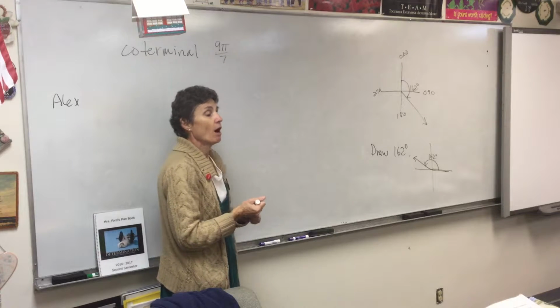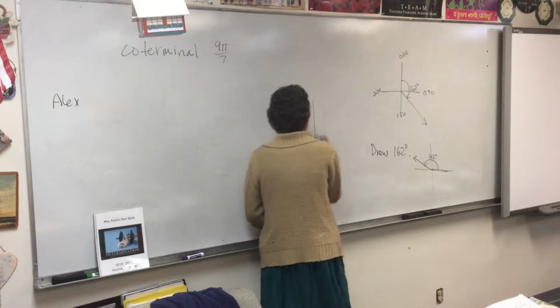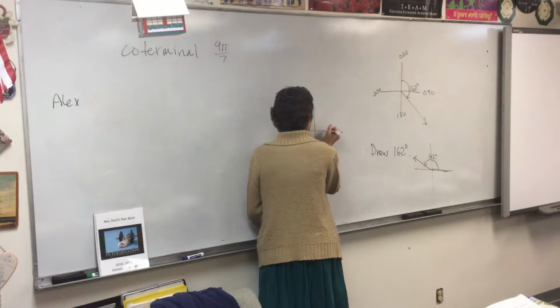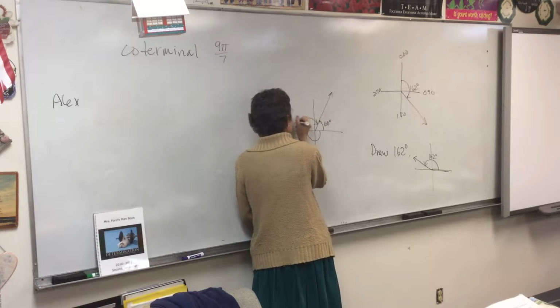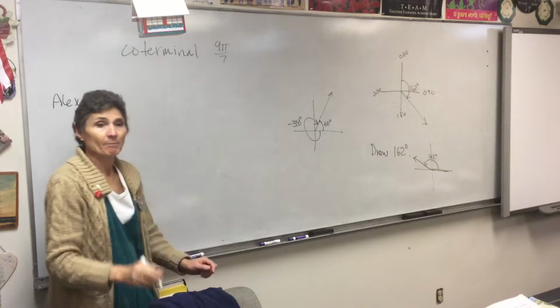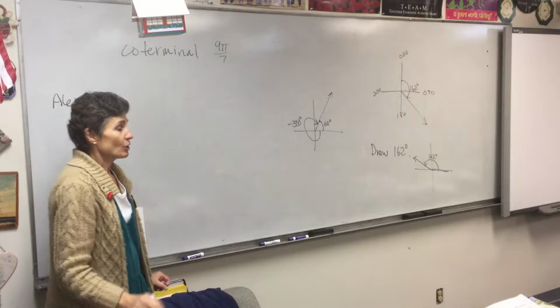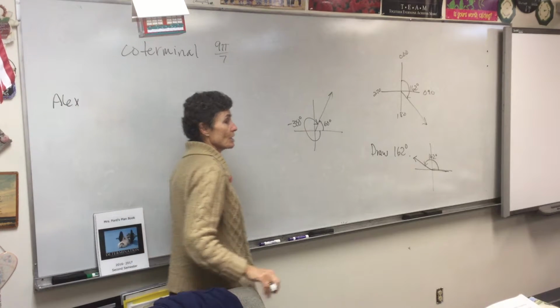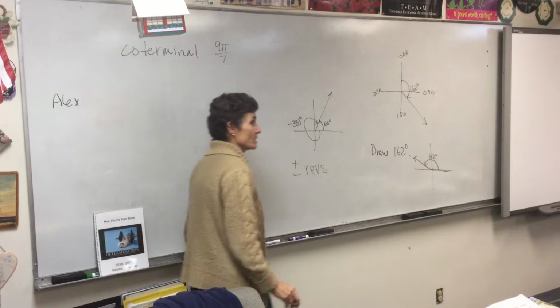Coterminal angles are angles that start and stop in the same place. So a very simple example would be 60 degrees and negative 300 degrees. They start and stop in the same place. To find coterminal angles, you either add or subtract revolutions.